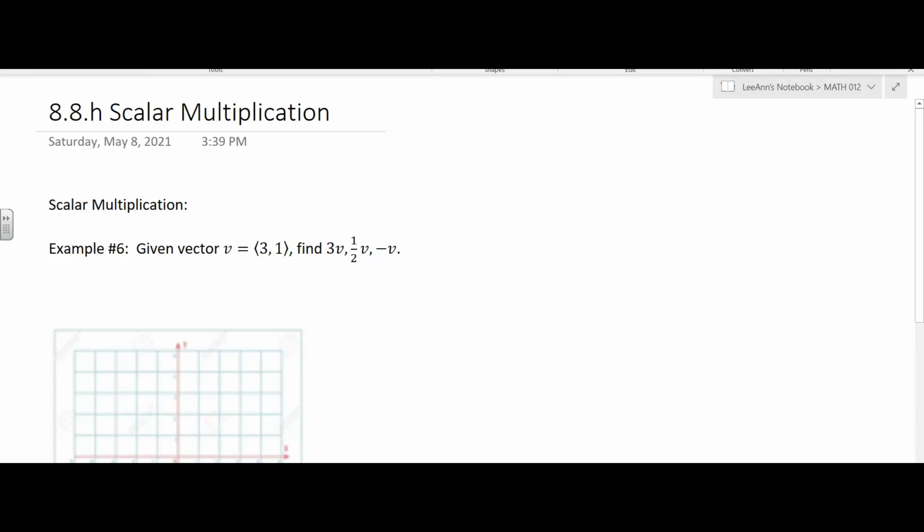Okay, so scalar multiplication. That's when we're just going to take a number, just a regular number, and multiply it times a vector. So let's say you have a vector v, and the position vector is a comma b. Then you're going to take some number, say some k, times the vector v. Now, I probably really need the notation here to distinguish between just a number.